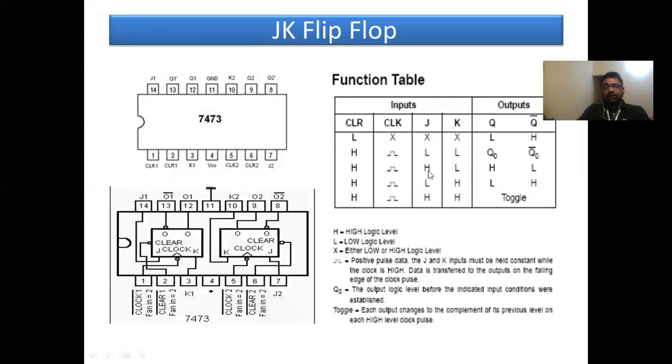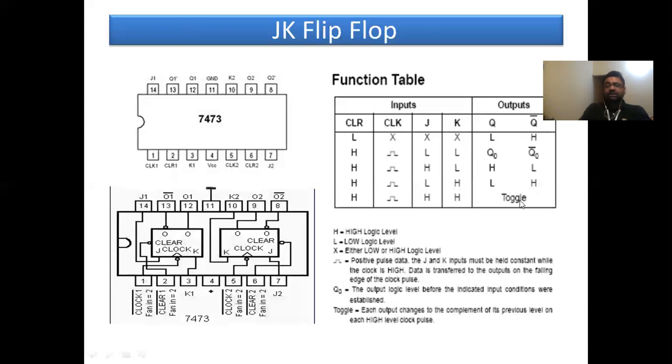Whenever you go for 1, 0, the output is high. This is the set condition. Then for 0, 1, the output will be low, low means 0. And whenever both are high, it will work in toggle. So this is the no change condition, this is the set condition, the reset condition, and this is the toggle condition.